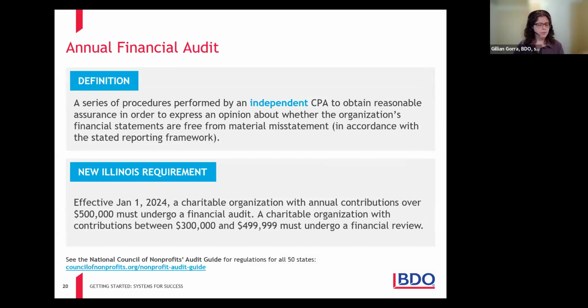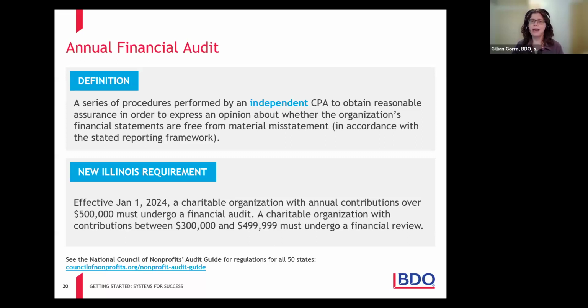So an audit is something where someone will come in and they'll do a variety of testing to see if the data that you've recorded in your accounting software for the previous fiscal period is correct. They're then able to provide what's called reasonable assurance that your financial data is free from significant misstatement, right?